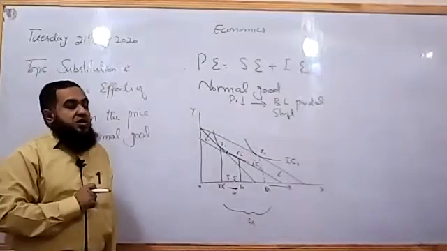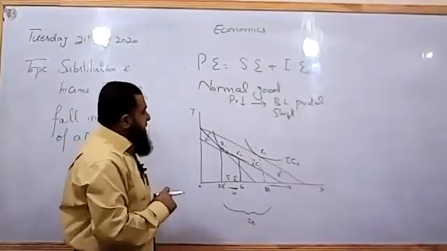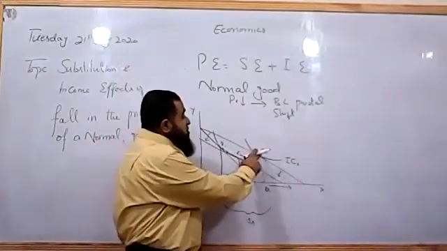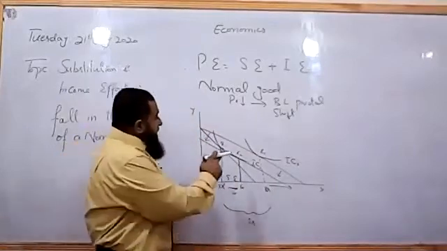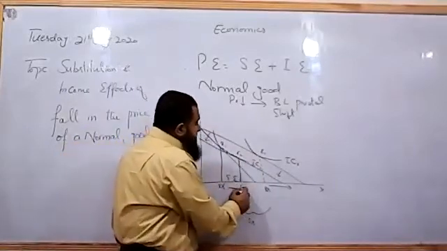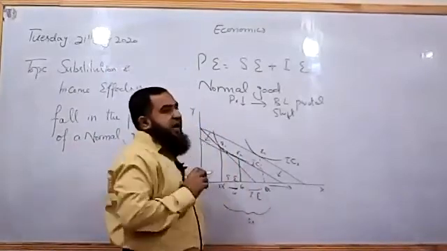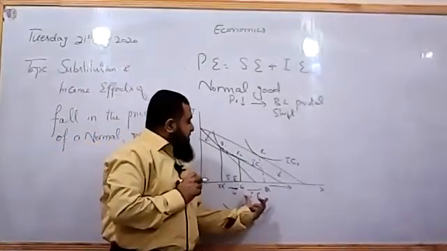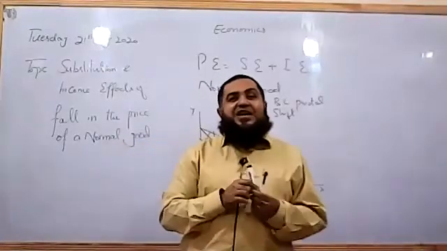Okay. Having analyzed the substitution effect, now from E2 to E3, he is finally consuming at E3, not at E2. From E2 to E3, the 3 units he is increasing are due to his income effect. Now he is buying an extra 3 units of X because of the increase in his real income.